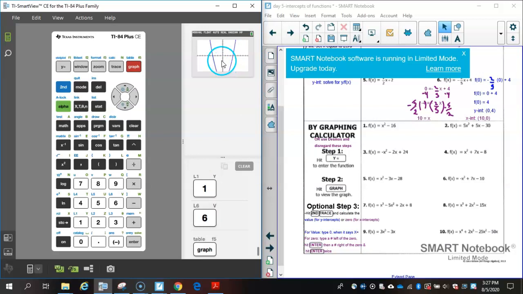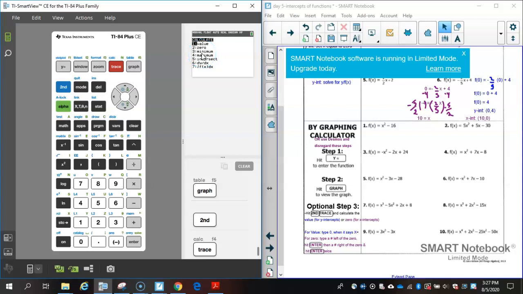Now, I see that this is on -4 and 4, but just to make absolutely sure, I could do this. So I'm going to hit second trace at the top, and then for your intercepts, you want two different things. You either want the value or you want the zero. Remember, zero means x-intercept. Your value is going to help you determine your y value at a certain x value.